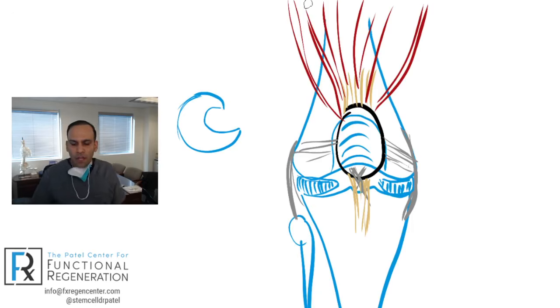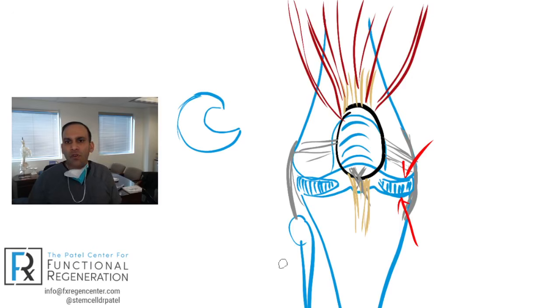Now, as we get older in general, there are things that occur to our knees. There's more pressure placed on these menisci over time, and over time the meniscus has some degeneration. That degeneration is a normal thing that happens as we get older, and that does not necessarily equal pain.